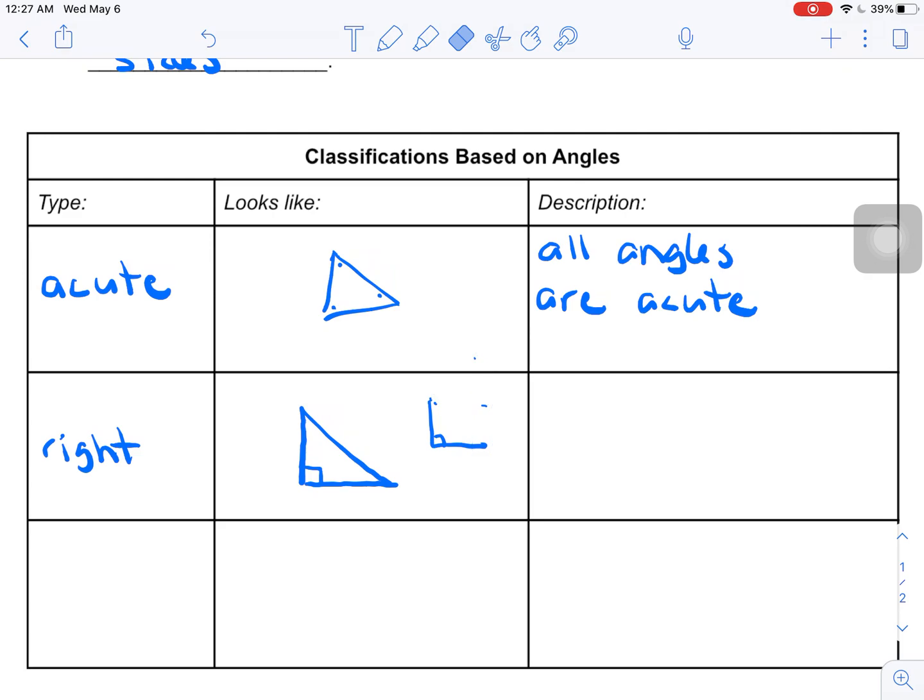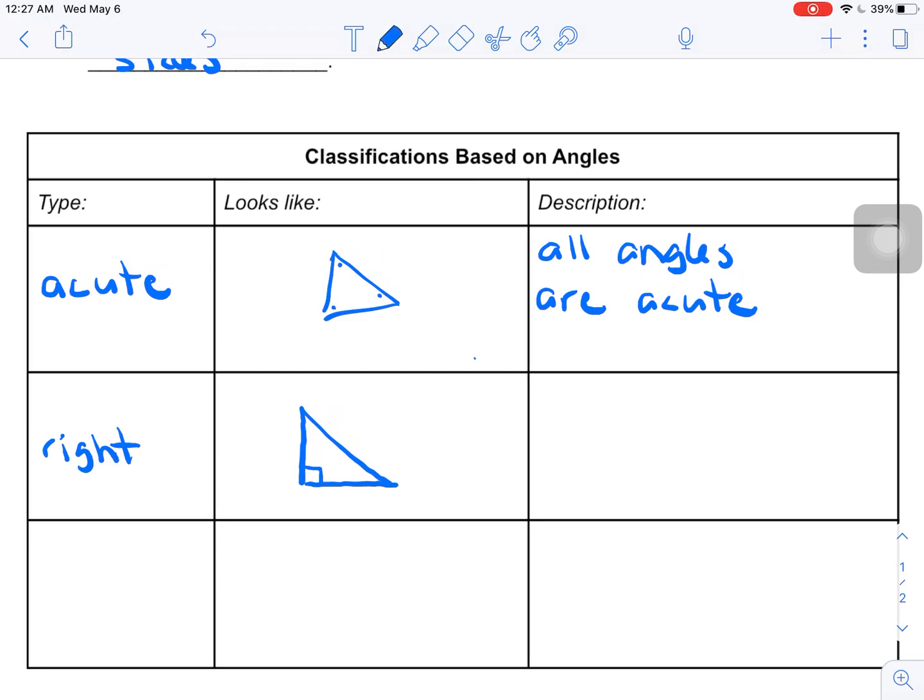So if I put a right angle as one of my angles in a triangle, the only way to close off the triangle is to make the other two angles be acute angles. So that is implied with the right triangle. A right triangle is a triangle with one right angle, and then it's understood that the other two angles have to be acute angles, otherwise the triangle won't close. It won't be a closed shape.